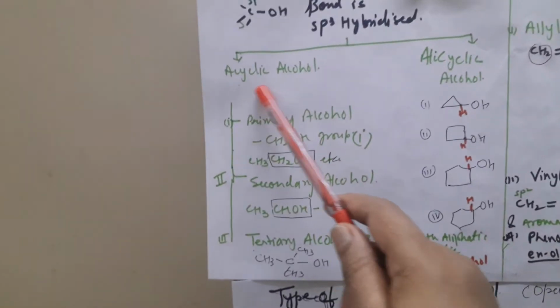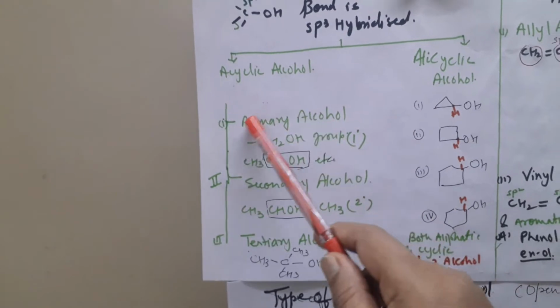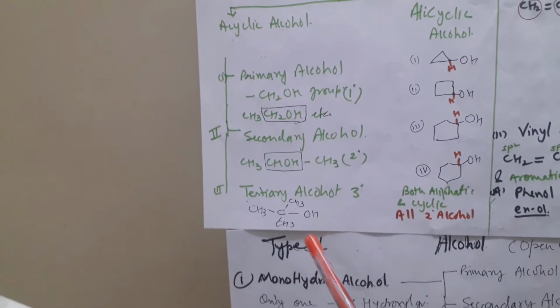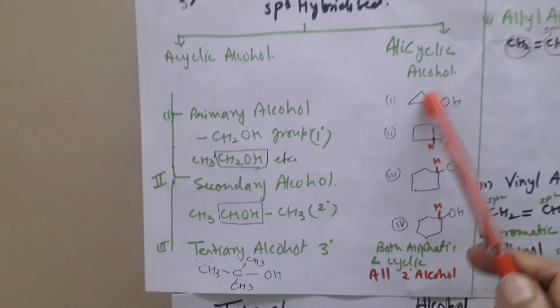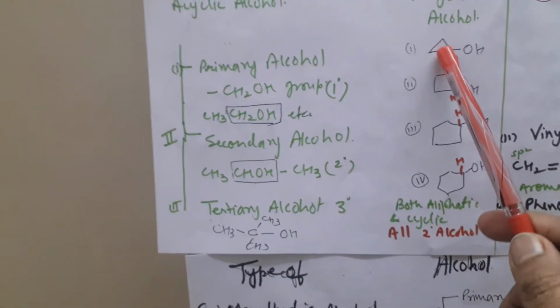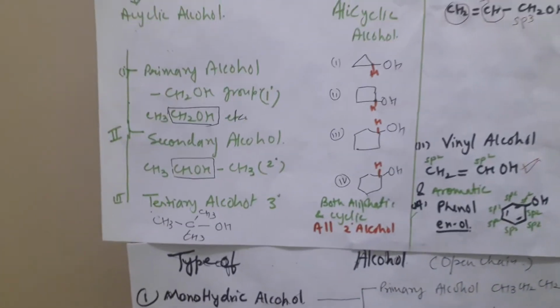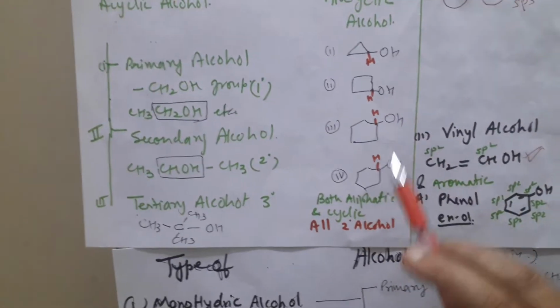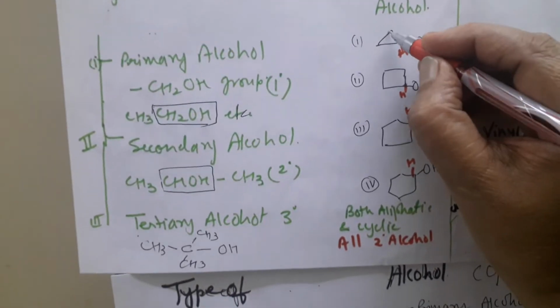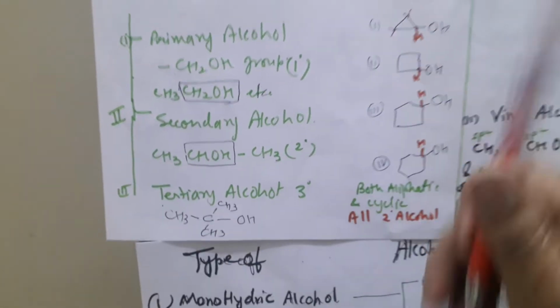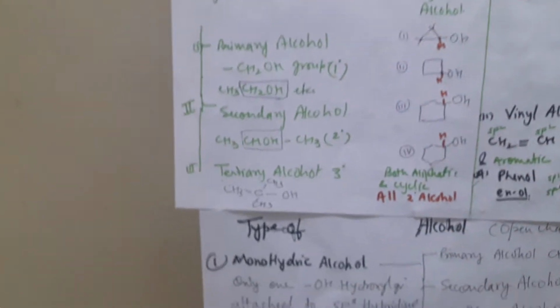Here, this is called acyclic alcohol, meaning open chain. All these are open chain; it can be a straight chain or branched chain. But in alicyclic, there is a cyclic structure. All these are sp3 hybridized carbons, and there is no aromaticity at all. See, here 2H, here 2H, so all these are sp3 hybridized carbons.